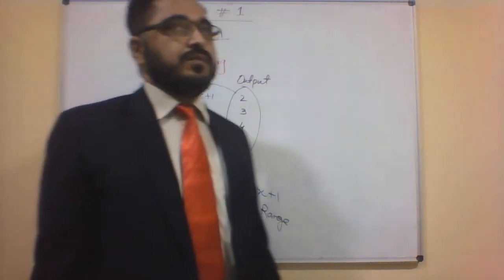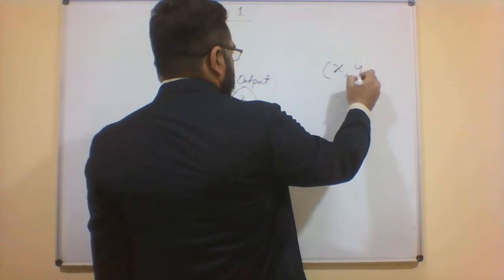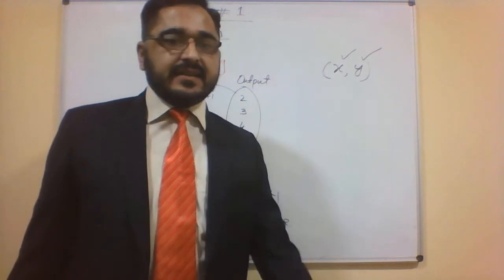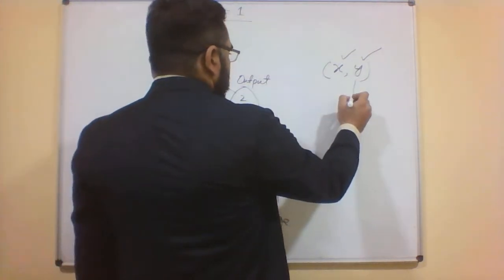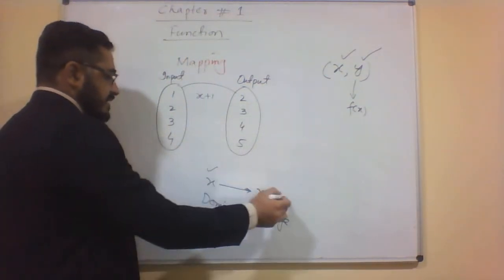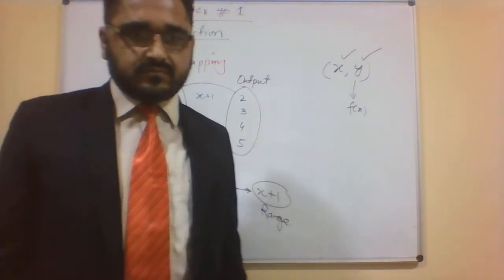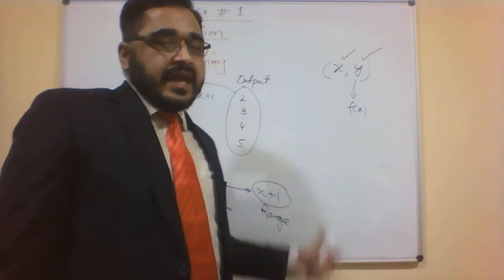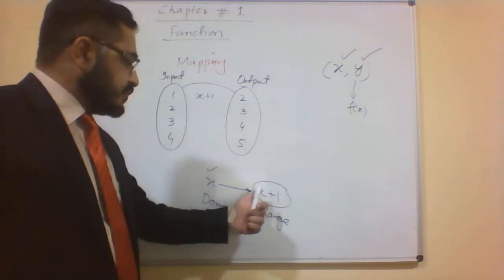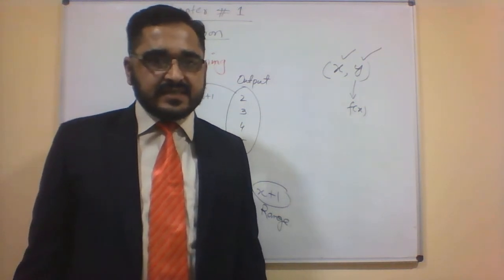As in the previous grade, if you plot the points, you are taking x coordinate and y coordinate. This x coordinate is domain and y coordinate here is range. This y is the function, you can say f of x. This is the same thing that we were discussing in the previous grades. And this is read as x is mapped to x plus 1.